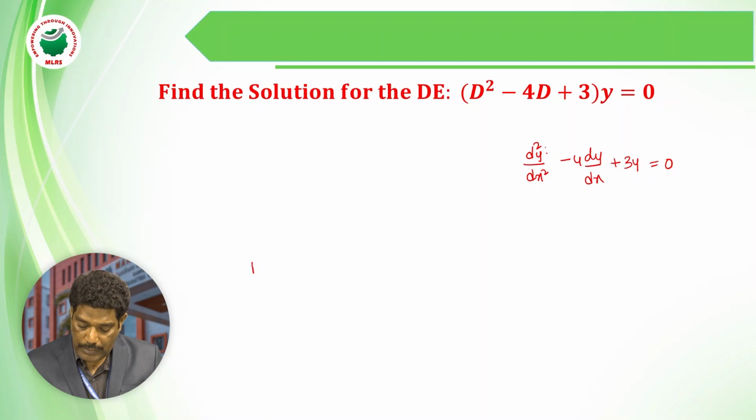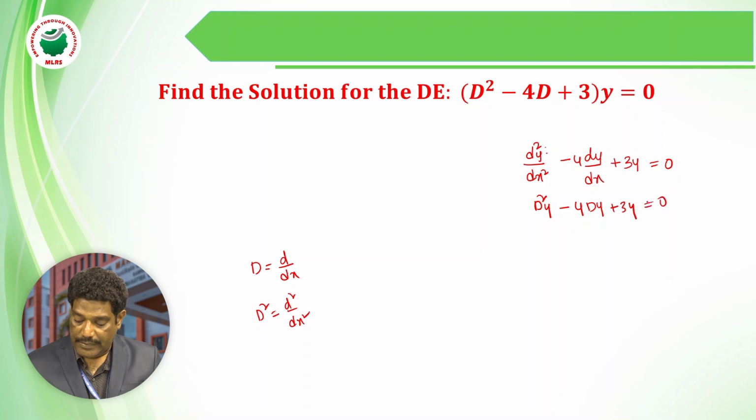We already know you can use the differential operator d by dx. So D you can write as d by dx and D square as d square by dx square. Here you can replace d square y by dx square with D square y, and minus 4 into dy by dx with minus 4 D y, plus 3 into y equals 0.